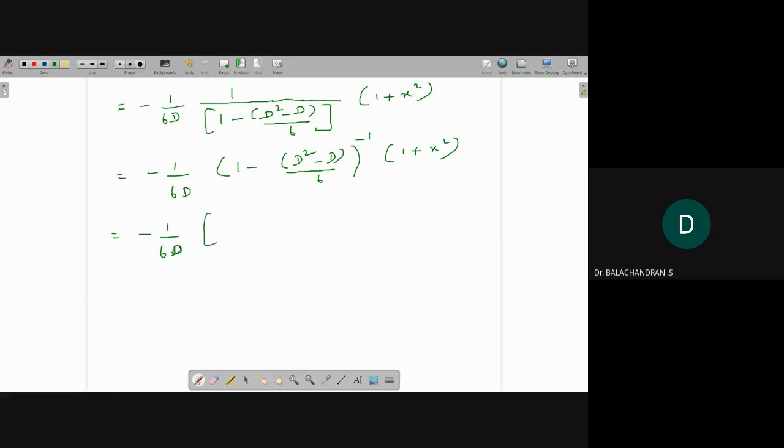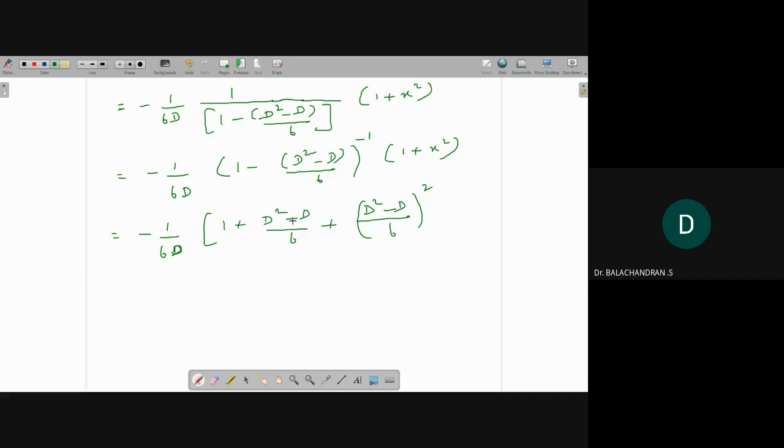Now the question will come where I need to stop. Usually, I will tell that if it is square here, you can stop. This is enough. But even here you can write one more term.